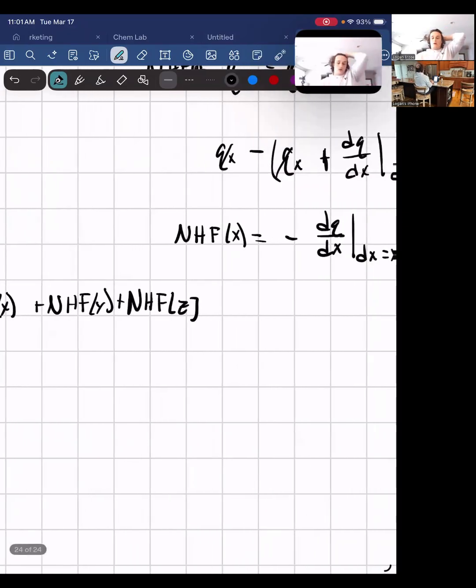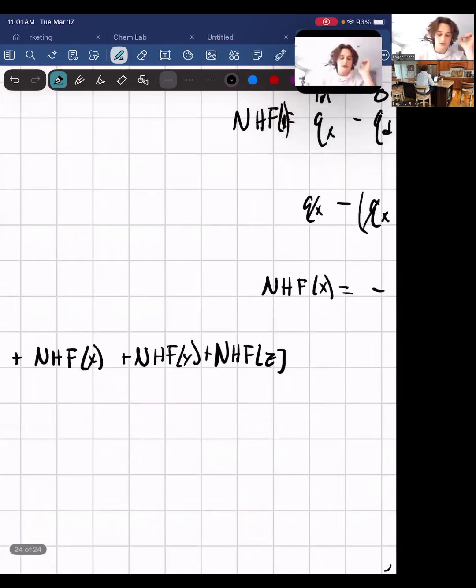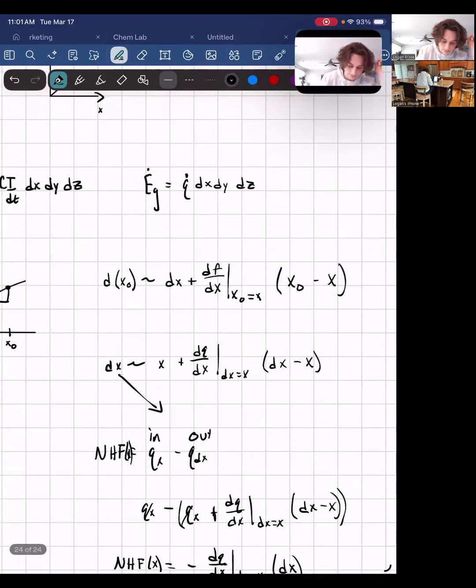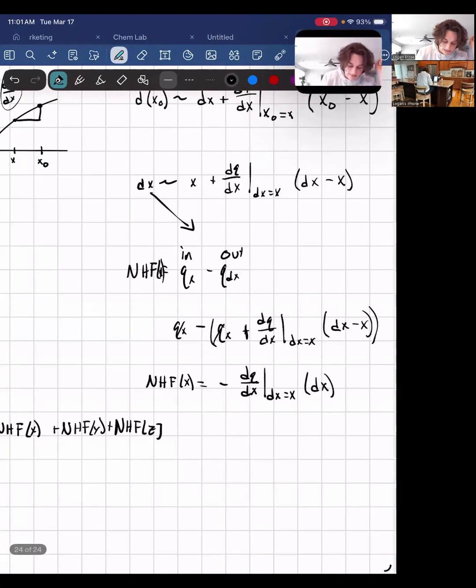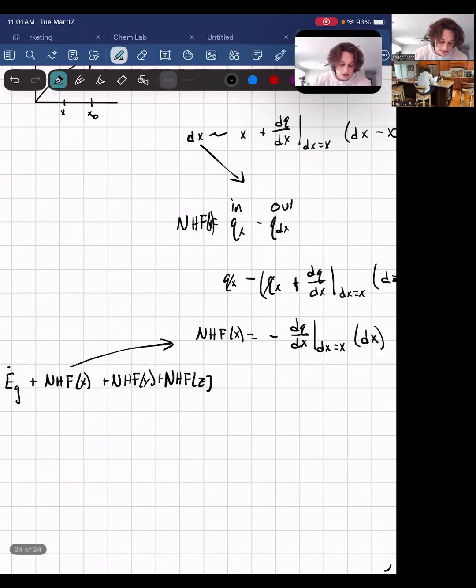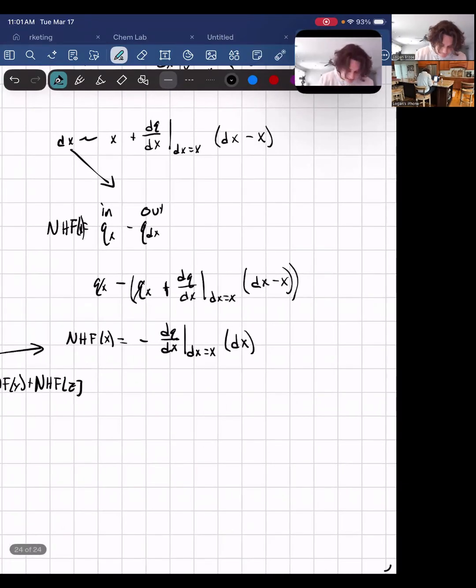So when we're looking at this, we have our equation for E_gen up here, right? And then we just found this NHF at x, that's our net heat flow in the x direction. The net heat flow for y and z are found the exact same way, right?